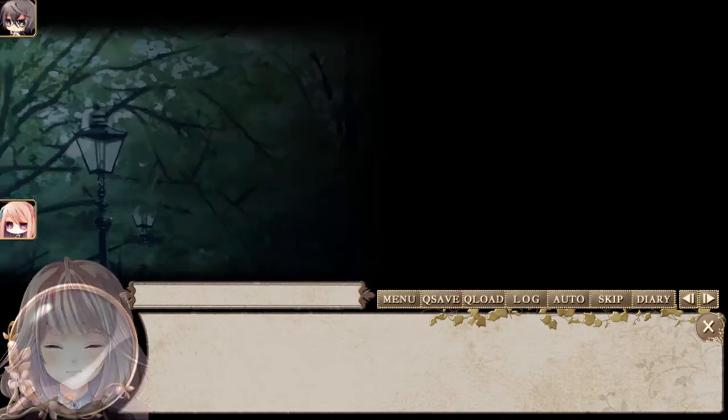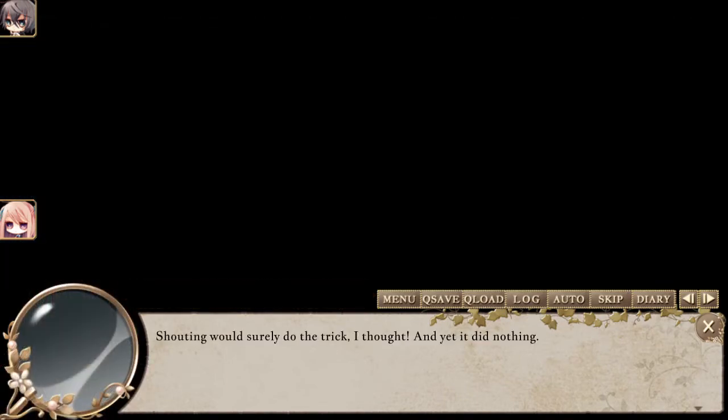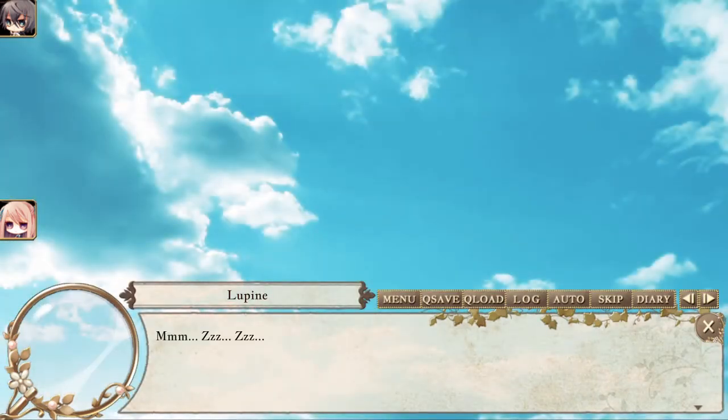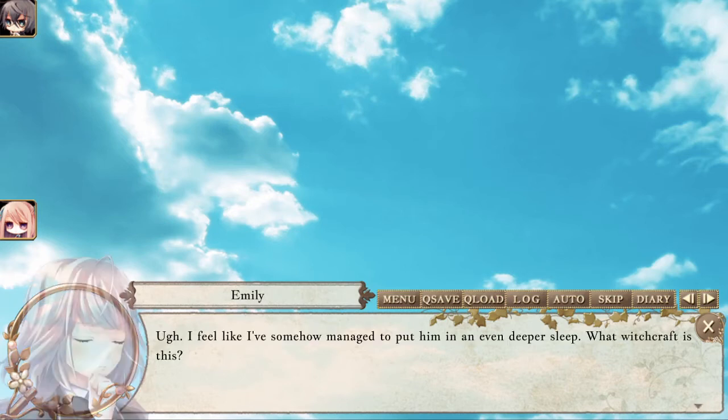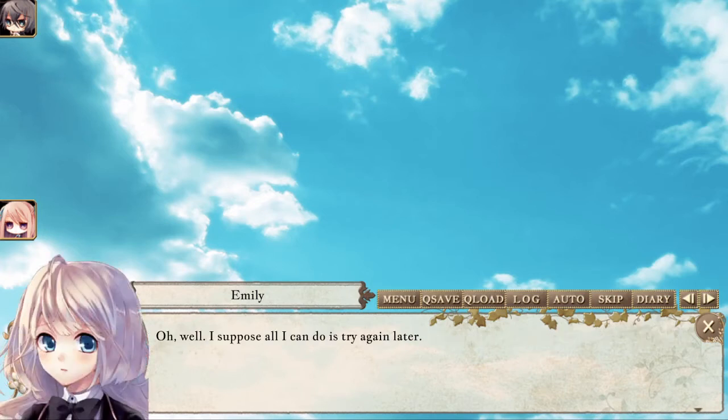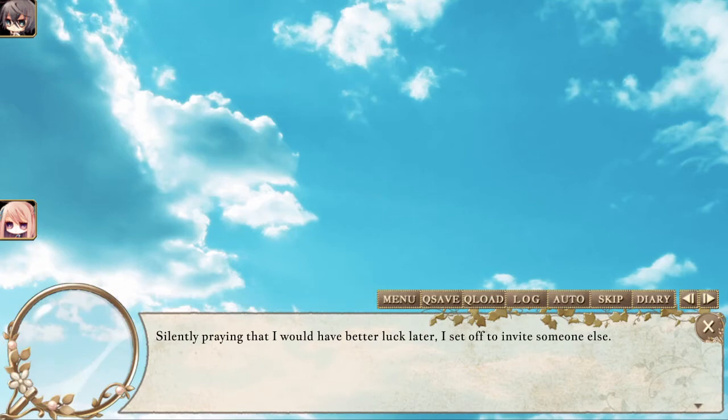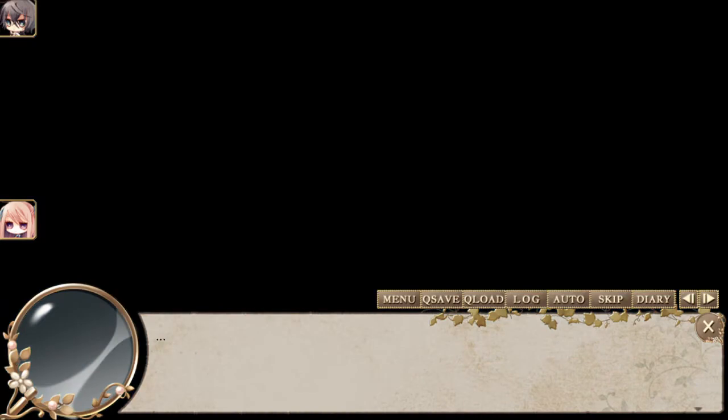Wake up! Shouting would surely do the trick, I thought. And yet it did nothing. Ugh. I feel like I've somehow managed to put him in an even deeper sleep. What witchcraft is this? Oh well, I suppose all I can do is try again later. Silently praying that I would have better luck later, I set off to invite someone else.